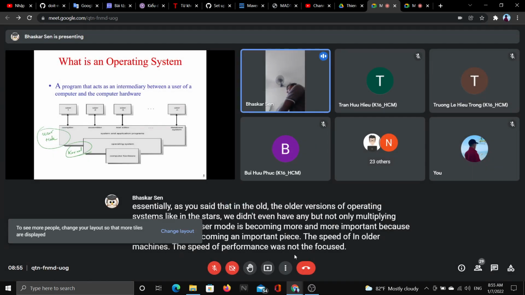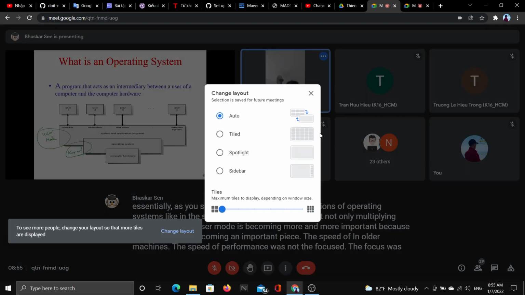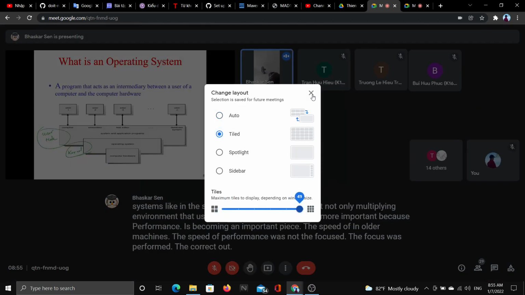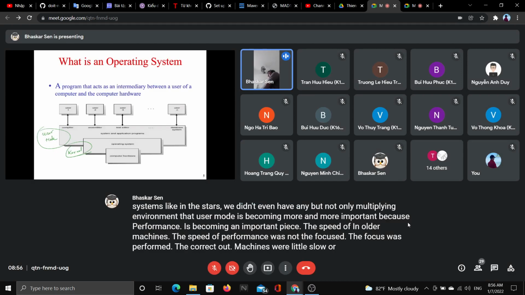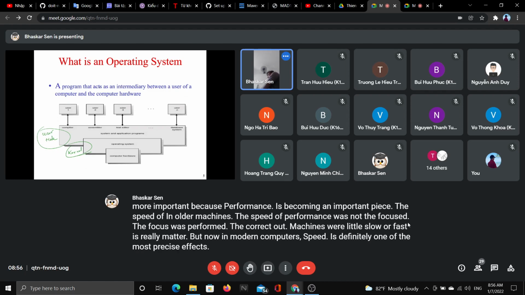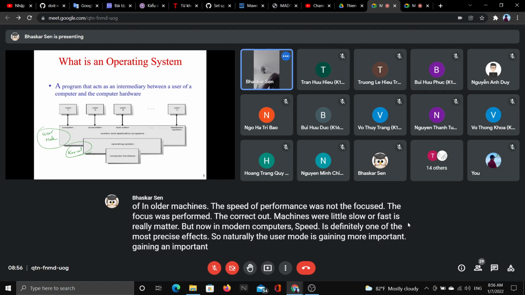The focus was the correct output. Machines were a little slow or a little fast, it didn't really matter. But now, in modern computers, speed is definitely one of the most decisive factors. So naturally, the user mode is gaining more and more importance.